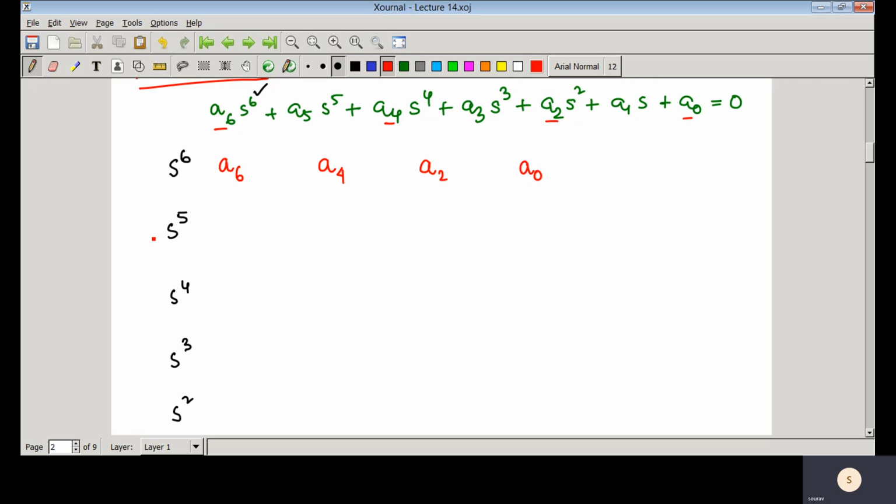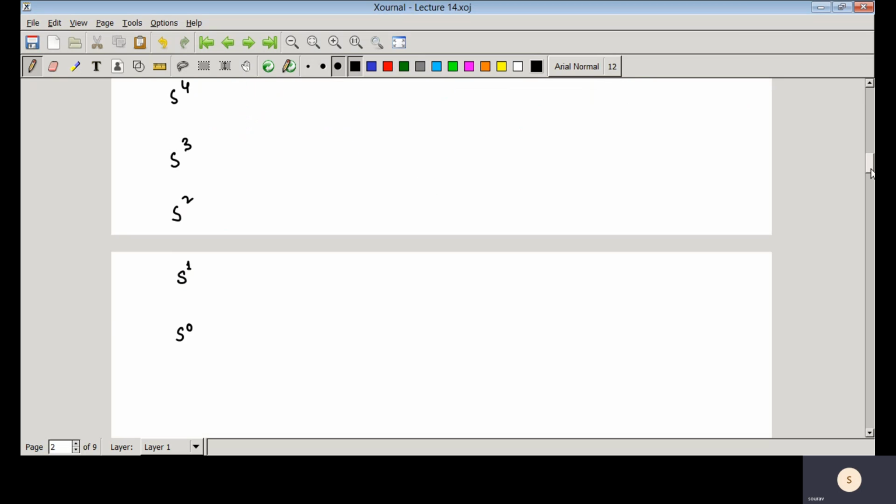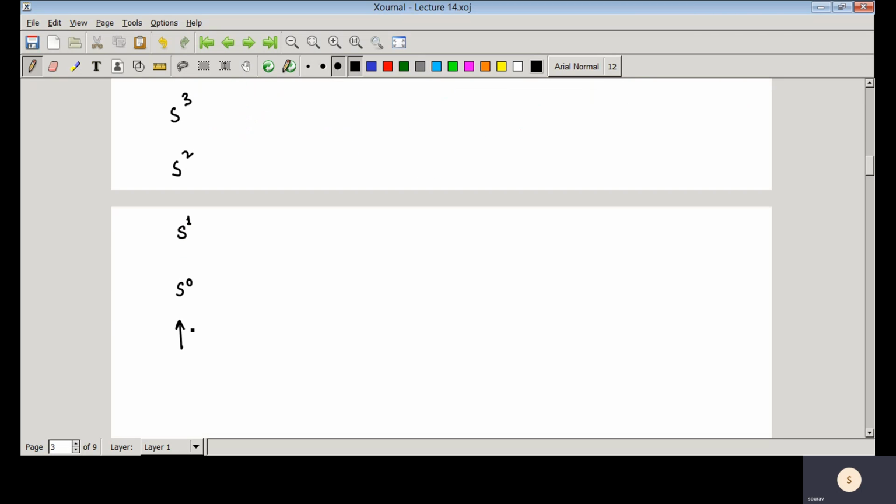And in the next row we need to write a5, then a3, then a1. So in the first step we first write this particular column, and these all are for identification purpose.